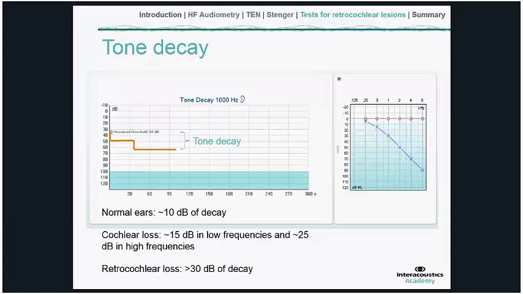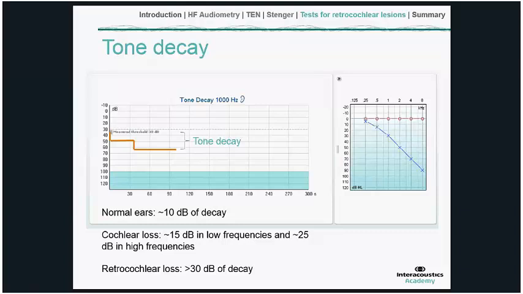And the reason is because of the way in which the neurons of the auditory nerve are situated, with those that respond to high frequency sounds on the outside of the nerve bundle, and those that respond to lower frequency sounds more towards the center. So as you get a space occupying lesion, it's likely to affect the high frequency fibers earlier.